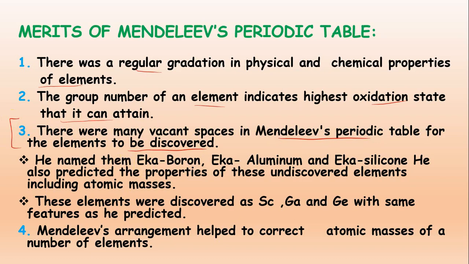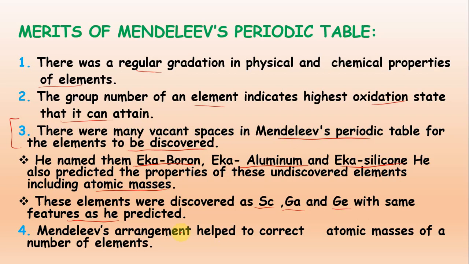There were 3 vacant spaces: eka-boron, eka-aluminium and eka-silicon. He also predicted the properties of these undiscovered elements, including their atomic masses. When these elements were discovered, their names were scandium, gallium and germanium, with the same features as Mendeleev predicted. This was a big achievement of Mendeleev.